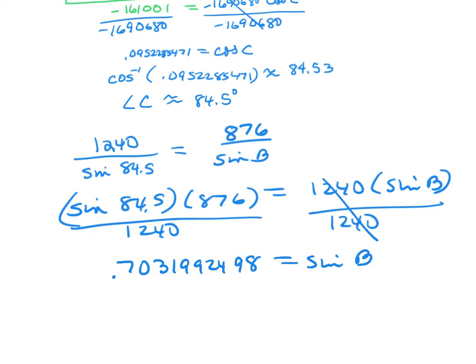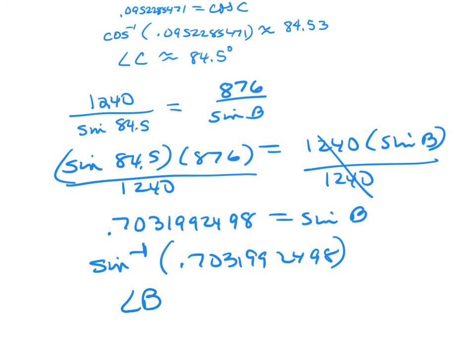Again, I'm looking for angle B, so I'm going to do the inverse: second, sine, second answer, close the parentheses. My angle B is now 44.68. I'll round it to the tenths place, so 44.7 degrees. Now to find angle A, I could just use the triangle sum theorem.